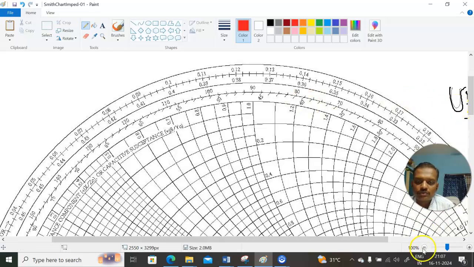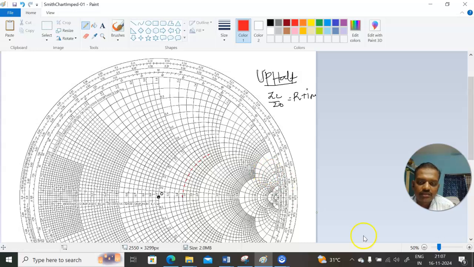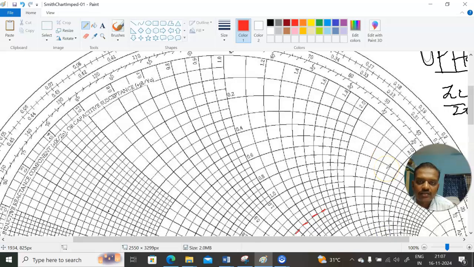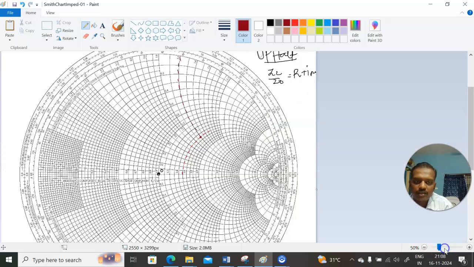For your understanding, let me draw with another color. By drawing this, this is the point. This is how you have to mark it.